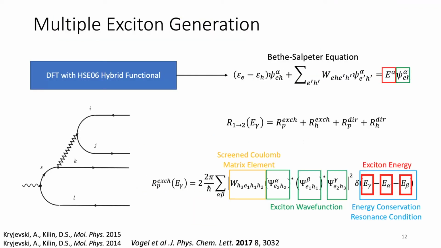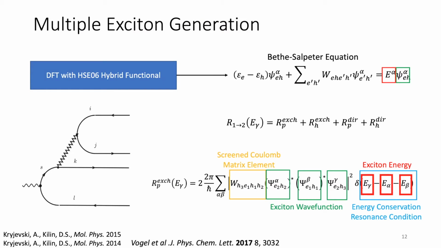Also, sometimes the number of excitons, the number of excitations, is not constant. One example is recombination, when we go from one excitation to zero excitations in the system. Another example is if one goes from one excitation to two excitations, if it is available by energy conservation; there are multiple exciton generation processes.